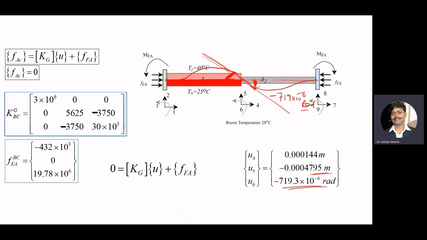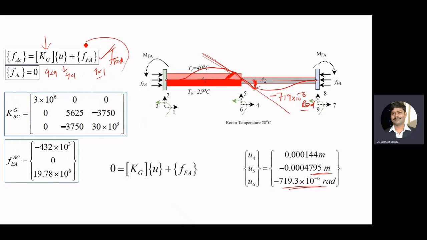Okay. So now we'll try to plot the shear force and the bending moment diagram. Then again, you have to solve this equation where we have FEA that is known to us, and Kg is also known to us. The size of Kg is 9 cross 9. This will be 9 cross 1, and this will be 9 cross 1.